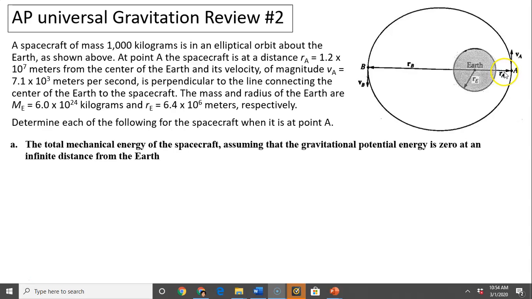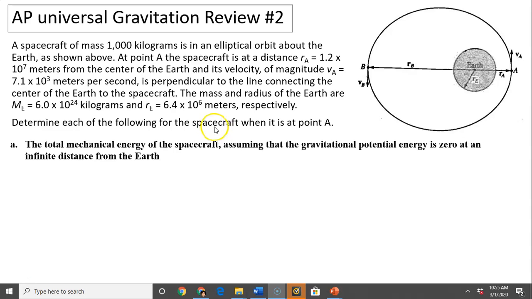That velocity is 7.1 times 10 to the 3 meters per second. We also know the mass of the Earth, 6.0 times 10 to the 24 kilograms, and the radius of the Earth, 6.4 times 10 to the 6 meters.